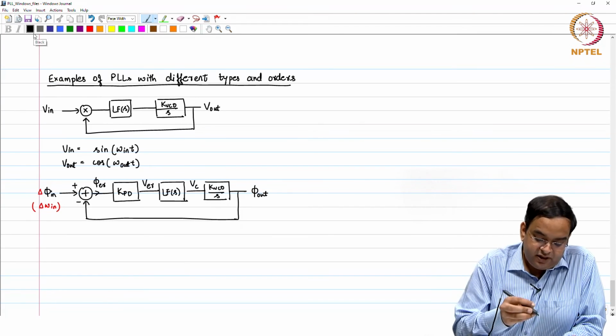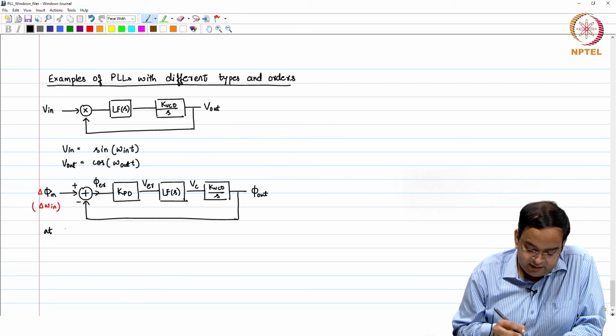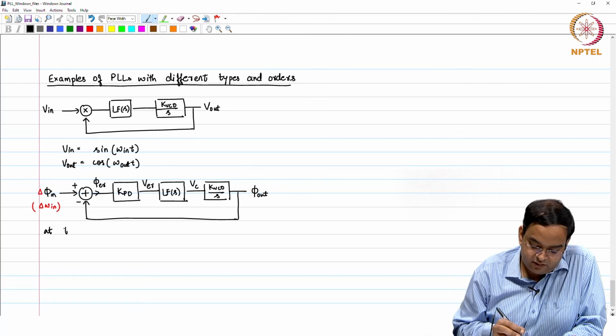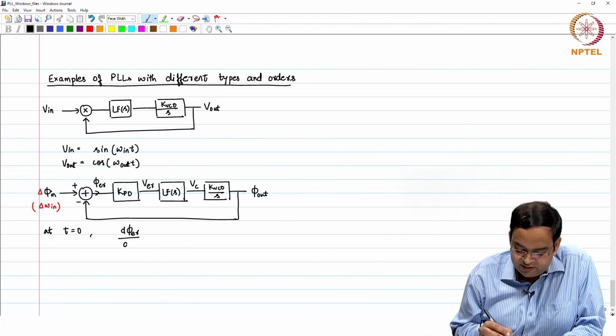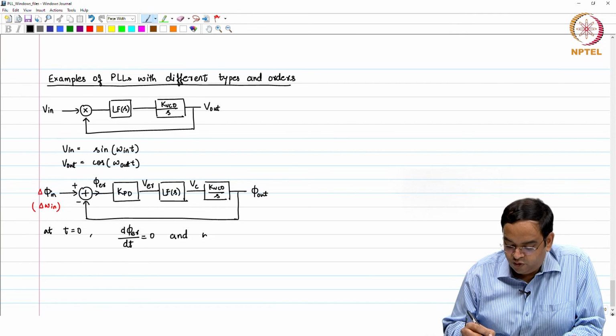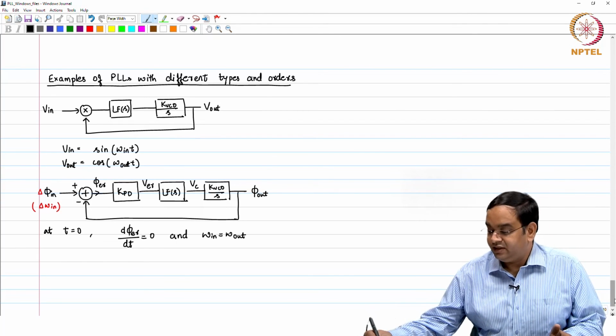That means, at time t equal to 0, let us say that the rate of change of phase error is equal to 0. That is how the PLL is in steady state, and your omega in is equal to omega out. So, you have a PLL which is in steady state.